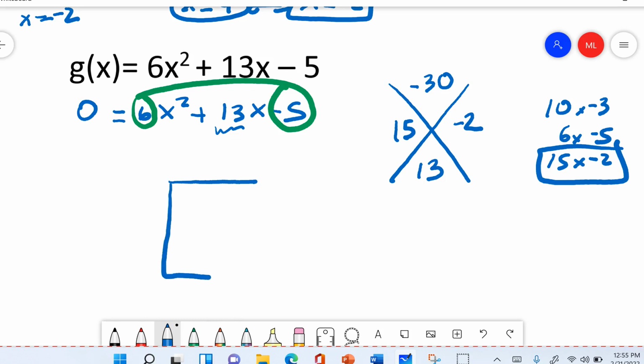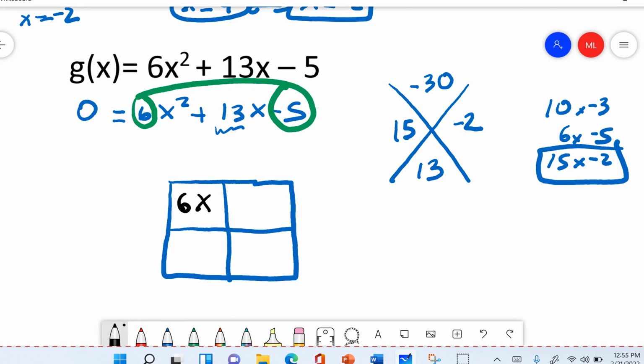A 2 by 2. I copy in the top left corner the first term, 6x squared, and in the bottom right, the constant.